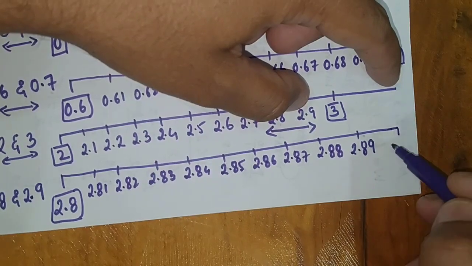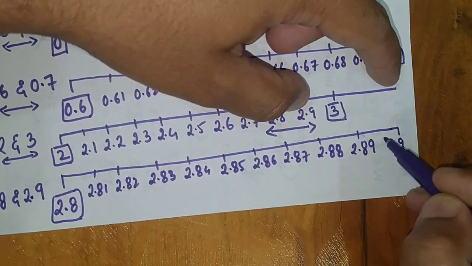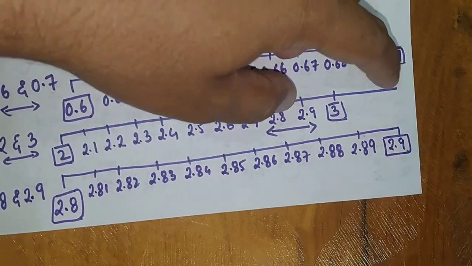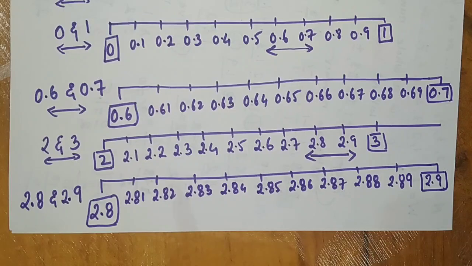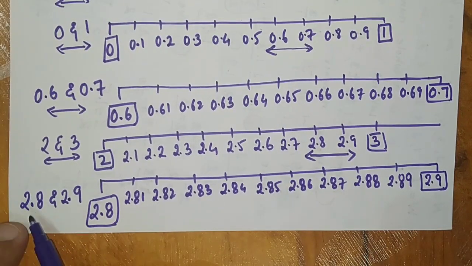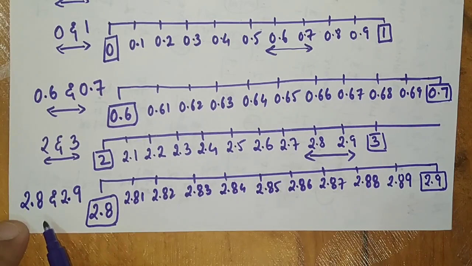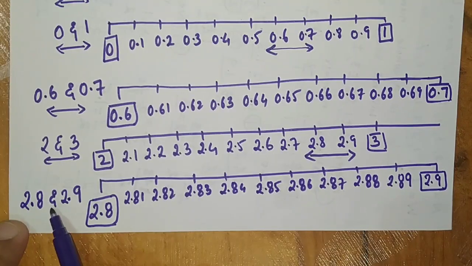Then comes 2.9. See here, you need to find numbers between 2.8 and 2.9.